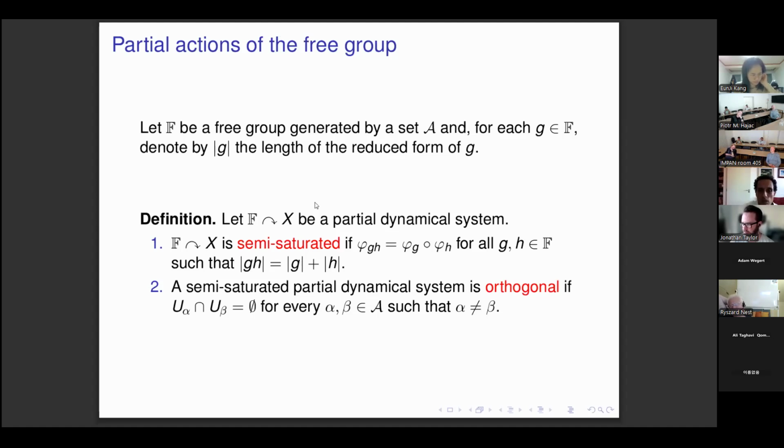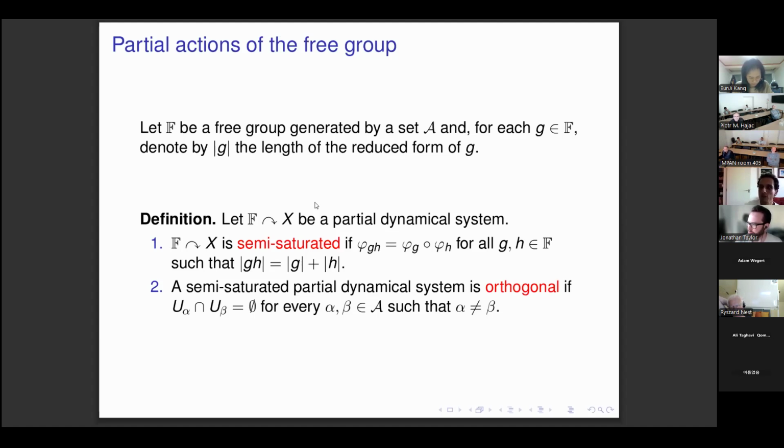It becomes fairly rigid, this orthogonal, semi-saturated orthogonal. As I said, for paths, it's just saying that if you have an edge E, then the inverse of E can only act on paths that start with E, when you remove the first edge of the path.